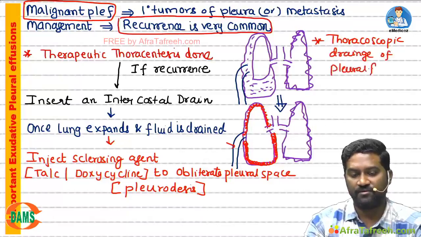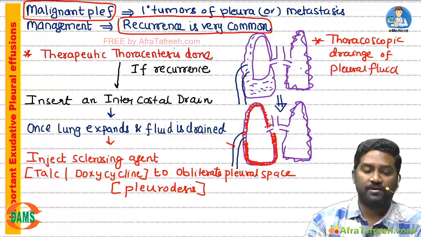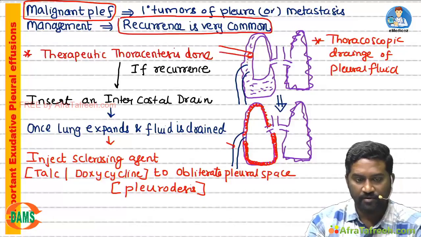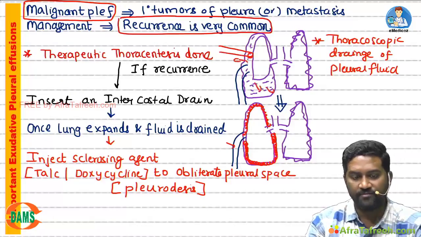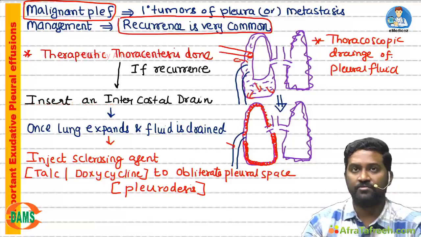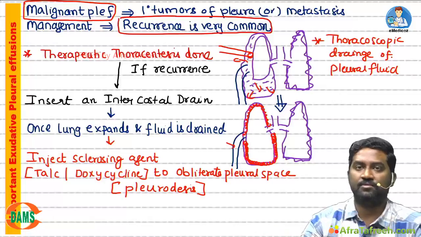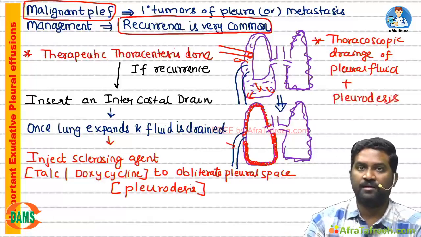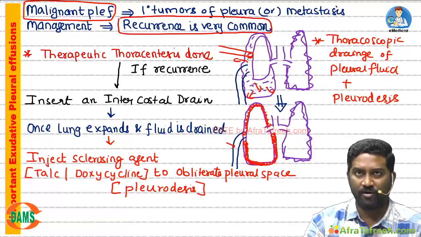Instead of putting a tube, you put a device called a thoracoscope, and you suck out all the fluid on the operating table itself. You do thoracoscopic drainage of fluid, instill talc or doxycycline, and do pleurodesis. But this is an advanced method, not available at all centers.